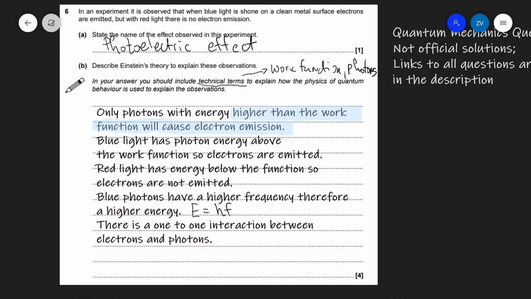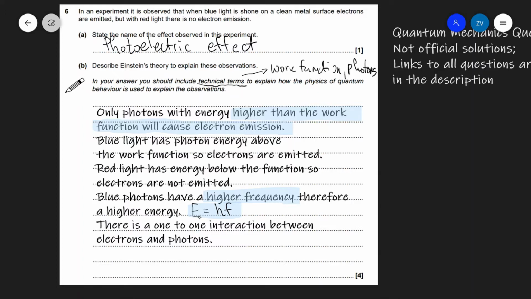Red light has energy below the work function, so electrons are not emitted. The reason why blue photons have a higher energy is because they have a higher frequency. So remember, the energy of a photon is equal to hf. So if your frequency is higher, because h is a constant, then your photon energy is going to be higher.